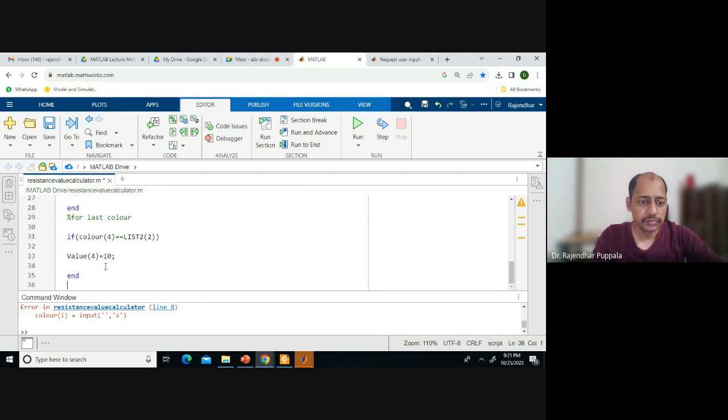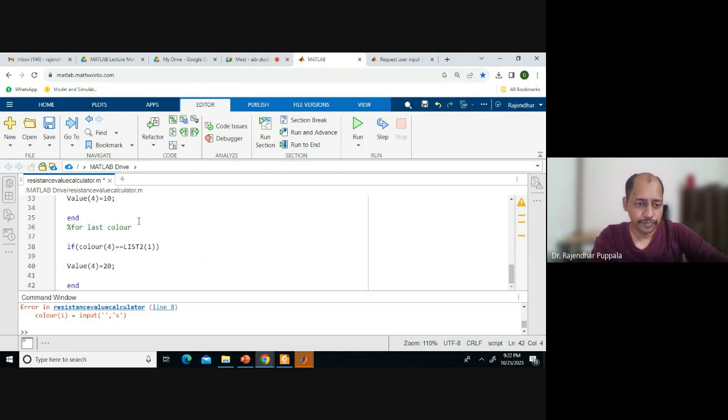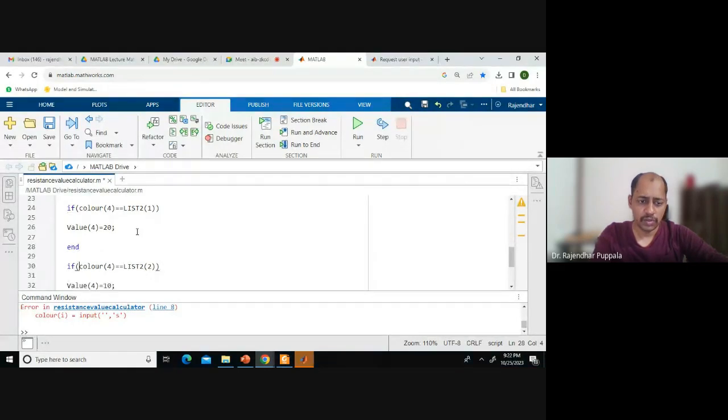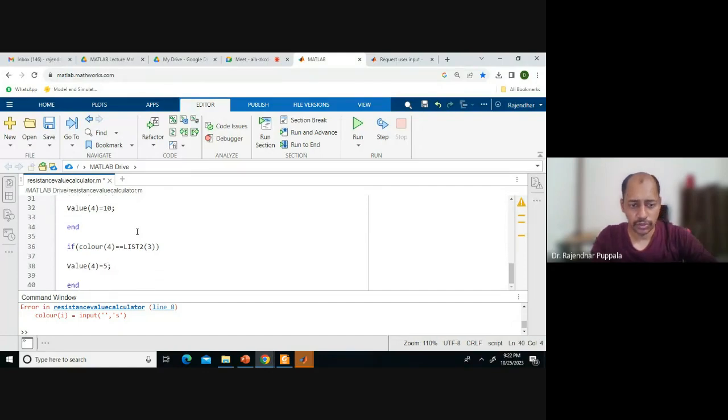Control V. Then for the third value, what is the tolerance, sir? 5%.